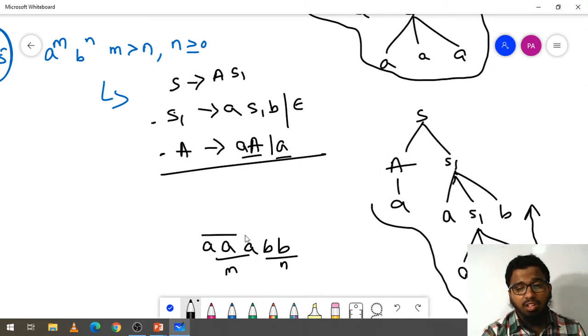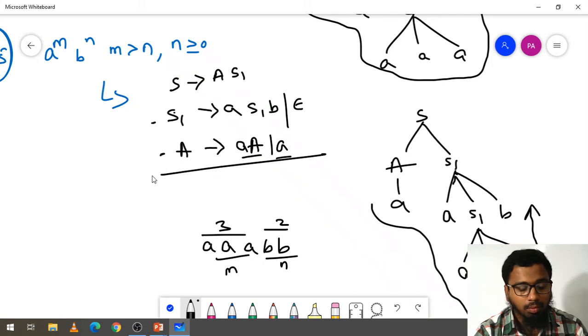Here the 3 and here 2. So like this we can create the grammar based on the language. This is the fifth example.